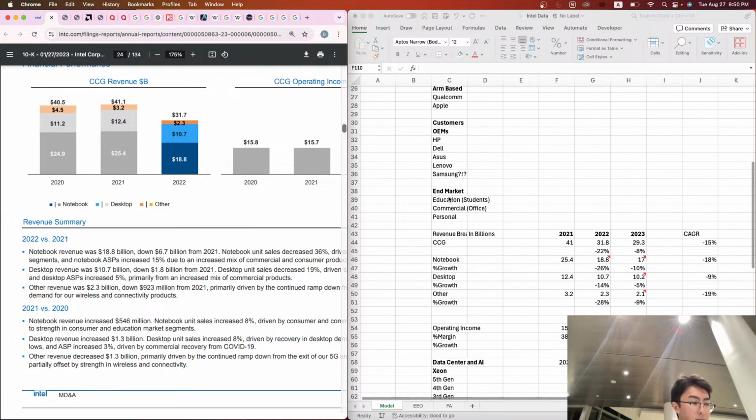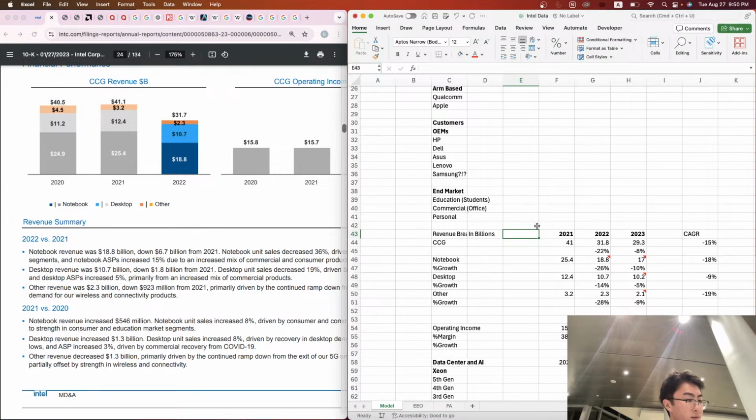Okay, let's get some breakdowns in this. So 2020. Notebook was 24.9. Desktop was 11.2. And other was 4.5. So this is really just the sum of these.